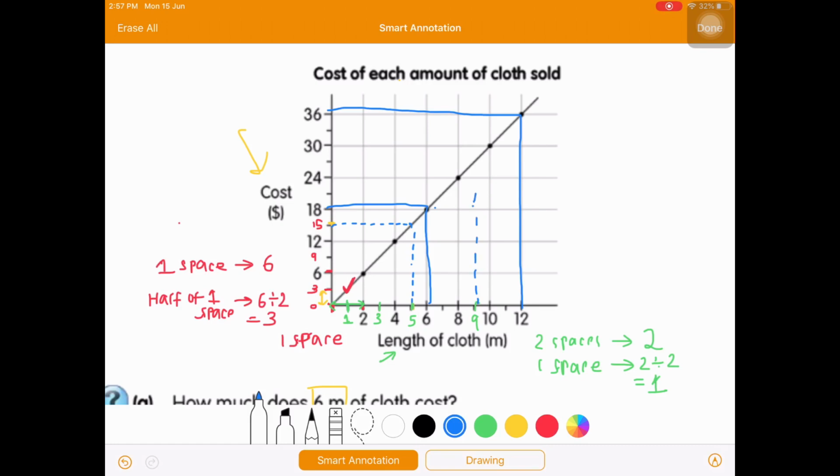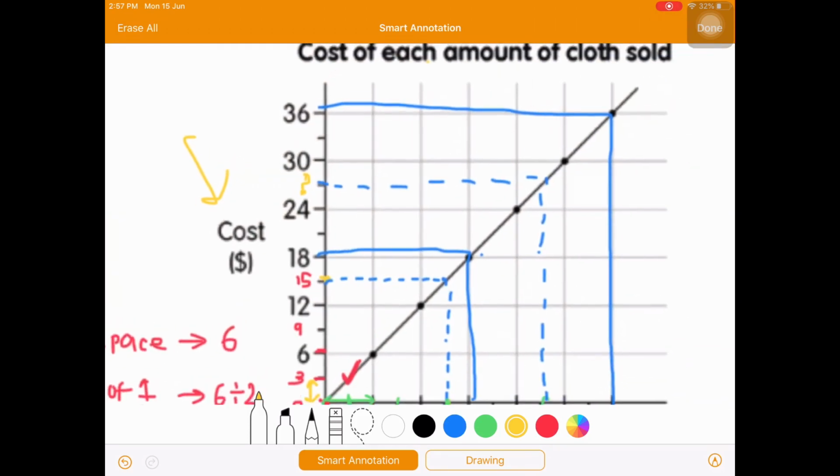So I draw a straight line up to touch the line graph. I have to draw a line across to find out the cost of 9 meter. And I have touched the scale. To buy 9 meter of cloth, I have to pay this amount. This question mark. Let's find out what is this question mark.